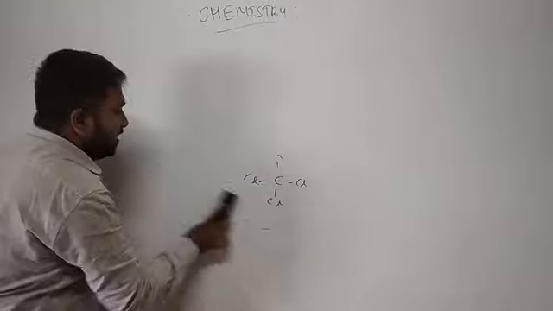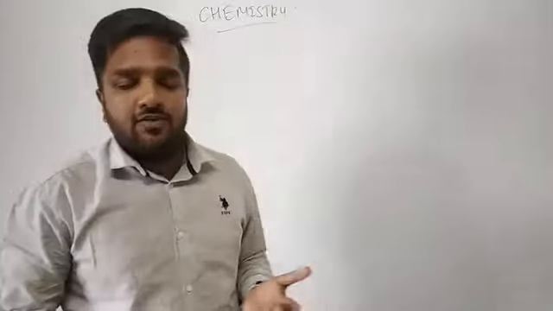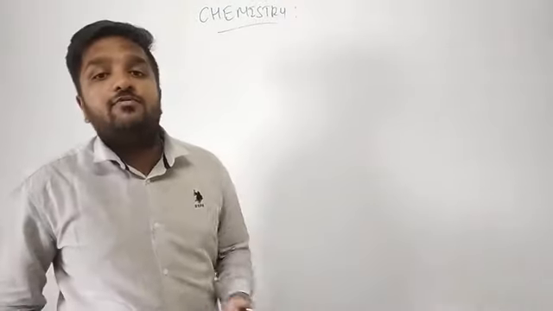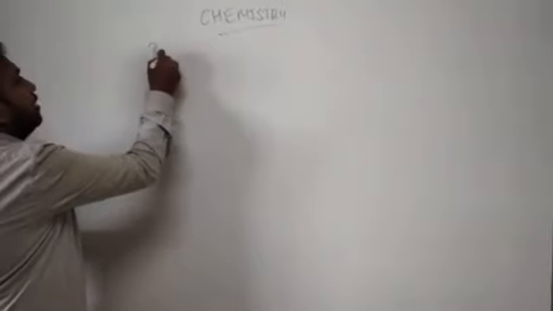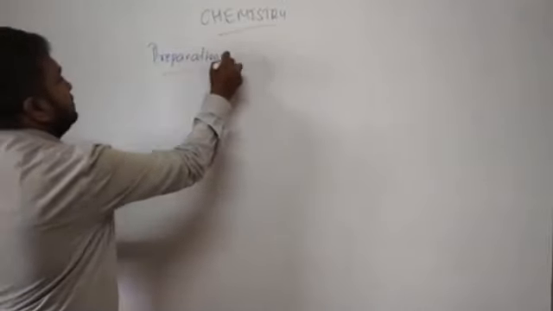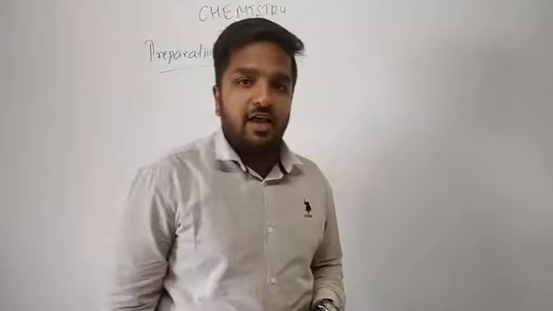In order to write these IUPAC names, you need to focus on your last year's first organic chapter. There you will get clear information on how to write all these IUPAC names. Clear? So now let's go for the methods of preparation of haloalkanes. Preparation of alkyl halides, or the IUPAC name is haloalkanes.